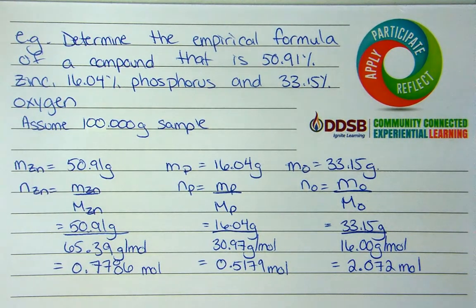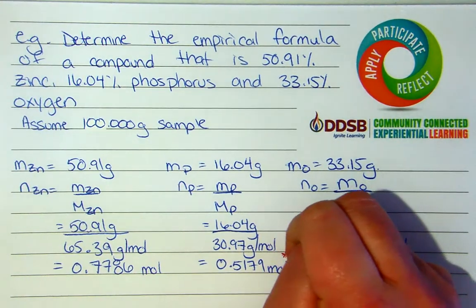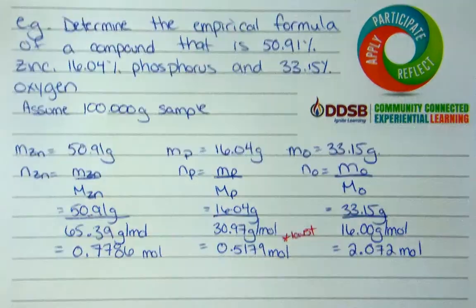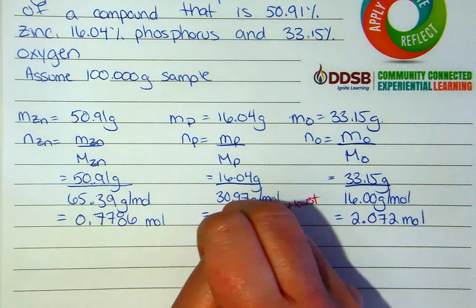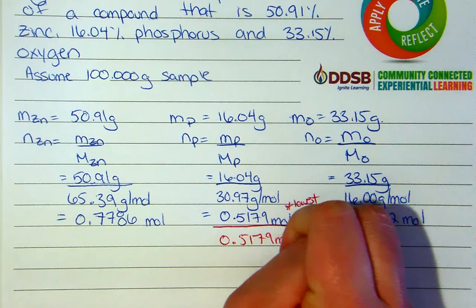So my next step is to identify which has the lowest amount of moles when I compare these three, and I see that it is phosphorus. Okay, right here, this is our lowest. So that means I'm going to divide all of them by 0.5179 moles.